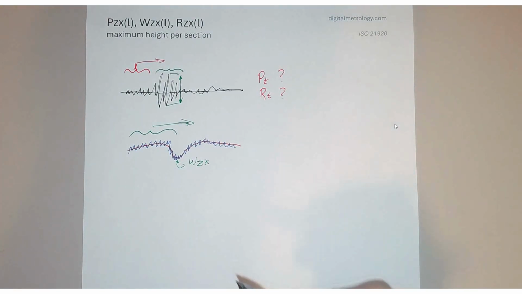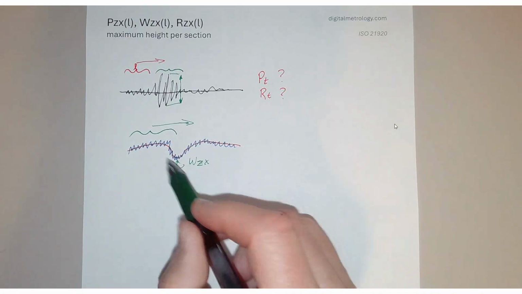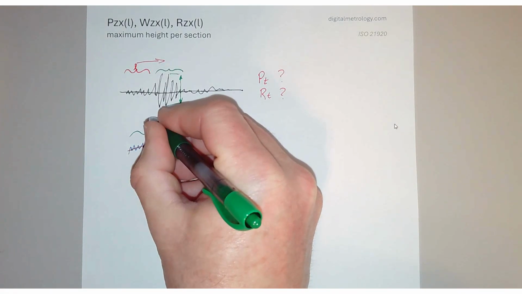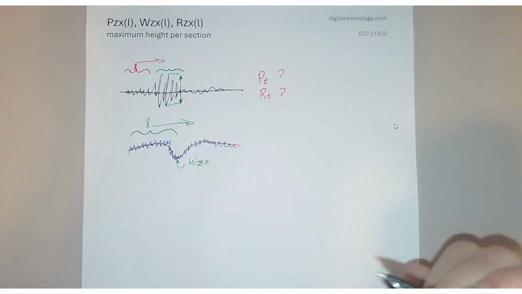So WZX could be a great way of catching a ripple in waviness. And again, we're going to choose the width of the window that we slide through the data one point at a time.